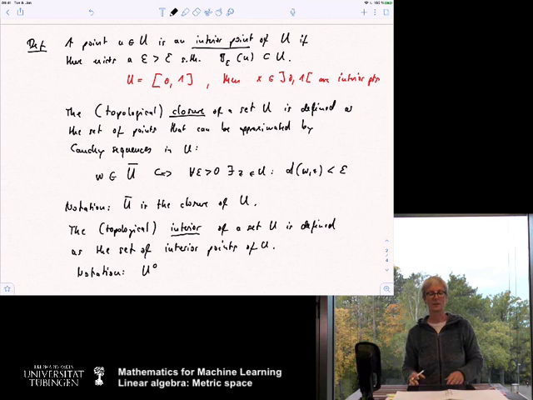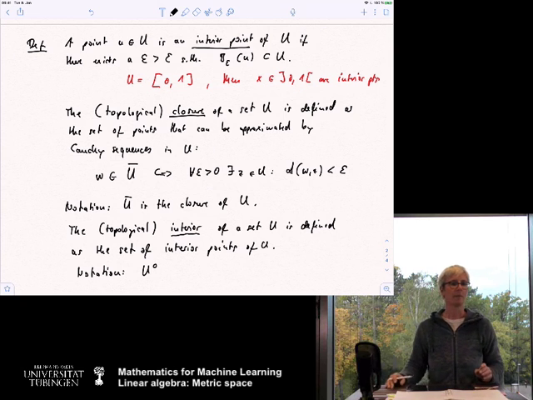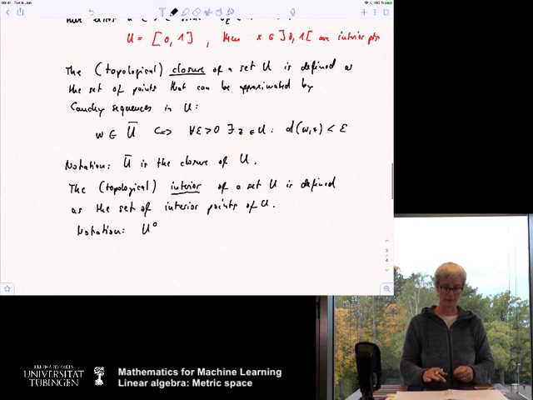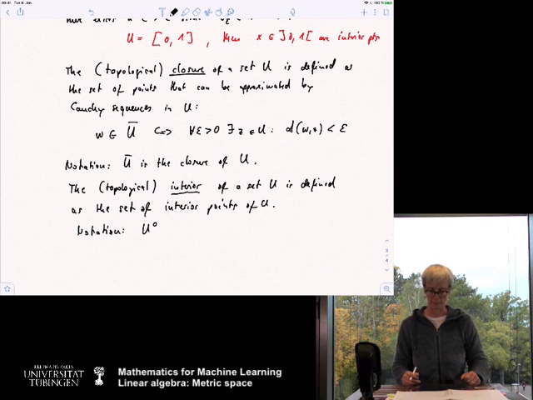I mean, these notations are sort of standard, but maybe some people also use slightly different notations. But I think in topology, this is what you would typically use.